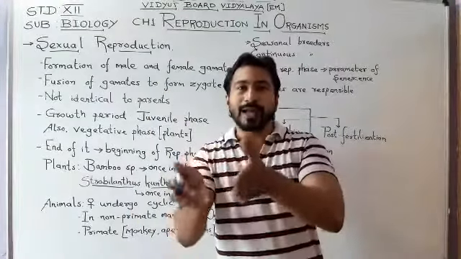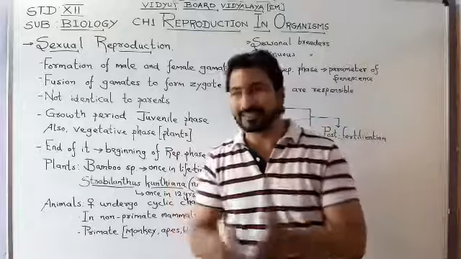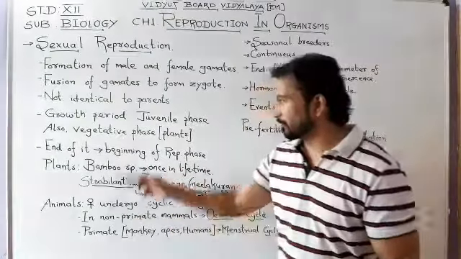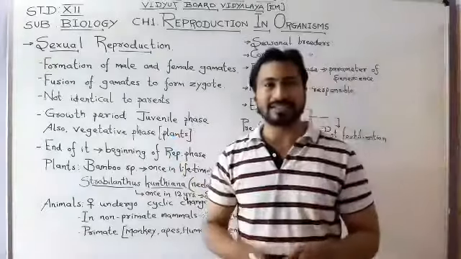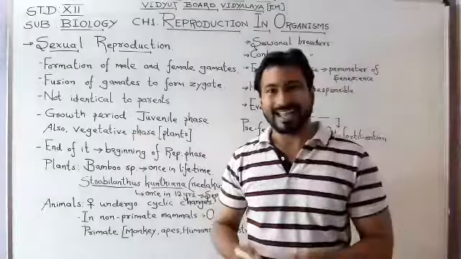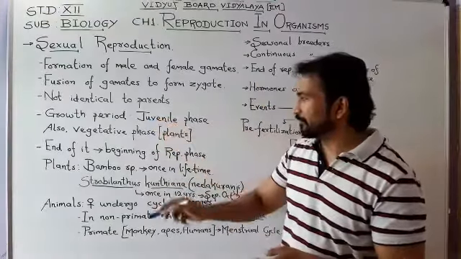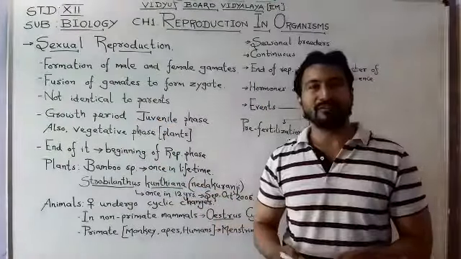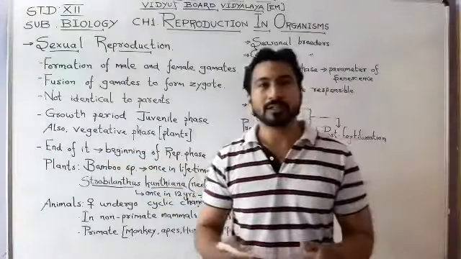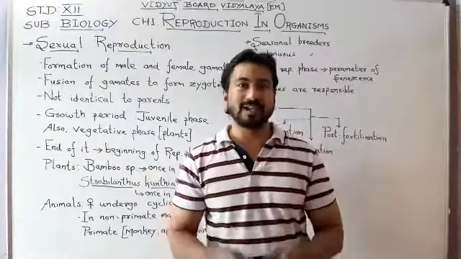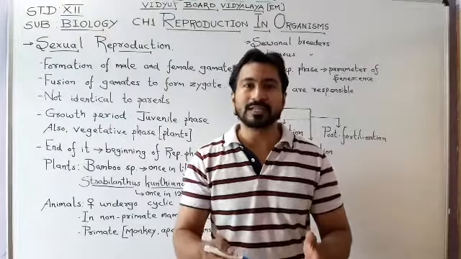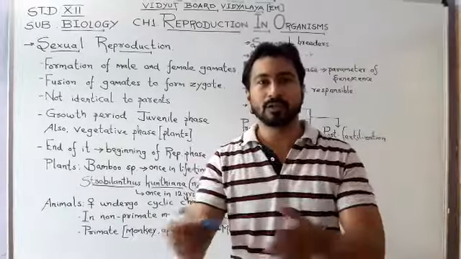So the time prior to sexual maturity is said to be the juvenile phase. In case of the plants, such a phase is said to be the vegetative phase. The end of the juvenile phase or the vegetative phase marks the beginning of the reproductive phase, when the organisms are sexually mature to be a father or a mother.